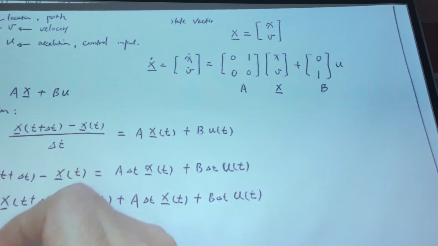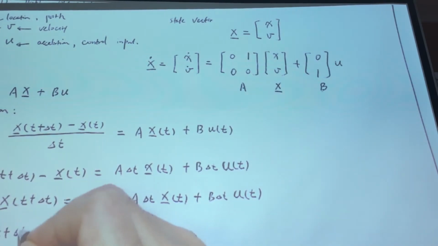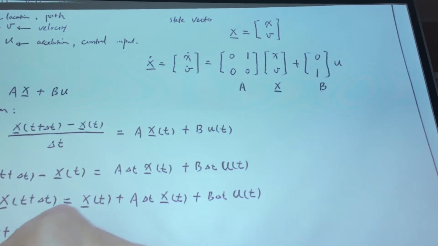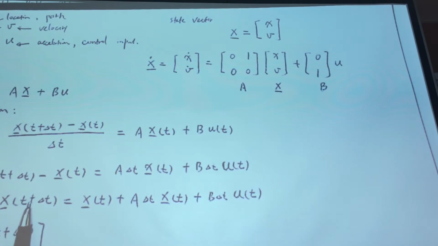So we have the location at t plus delta t and the velocity at t plus delta t, given by the first vector.